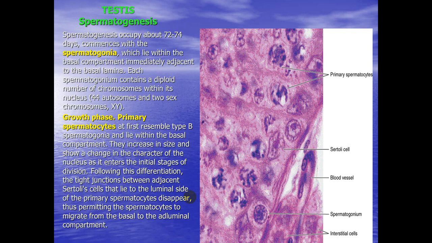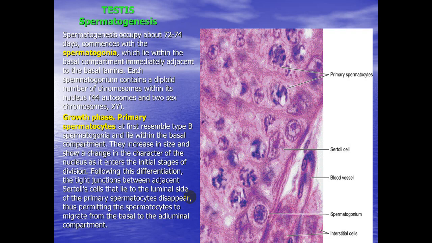In some tubules may be the first stage of multiplication, in other tubules the stage of growth, in others the stage of maturation. That's why the concentration of sperm cells in the ejaculate is approximately the same every day.